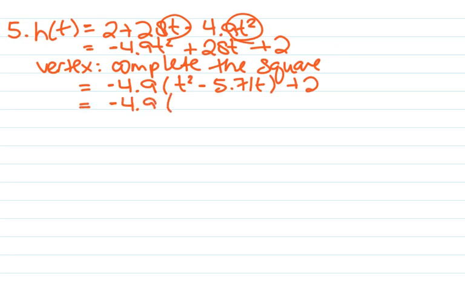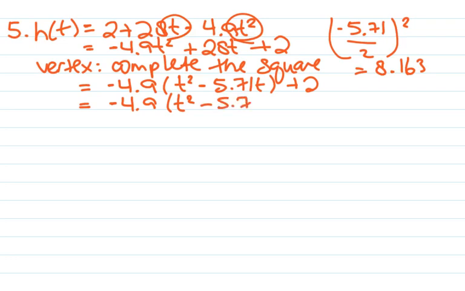Then in order to complete the square, I'll take half of negative 5.71 and I'll square it, which leaves me with 8.163. So then I'm going to add and subtract 8.163 inside the bracket.